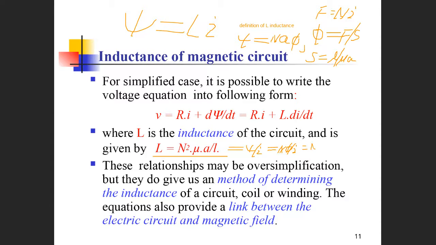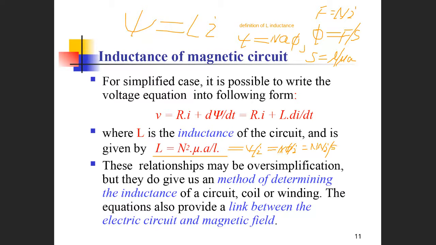What's phi? Phi is Ni over the reluctance.